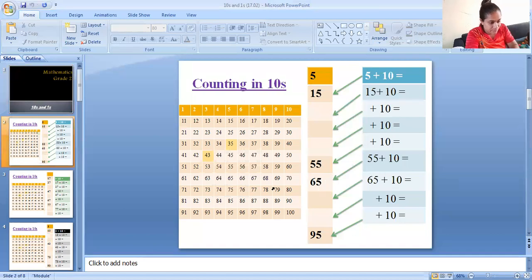Look at this. Here, first I am going to count by 10.